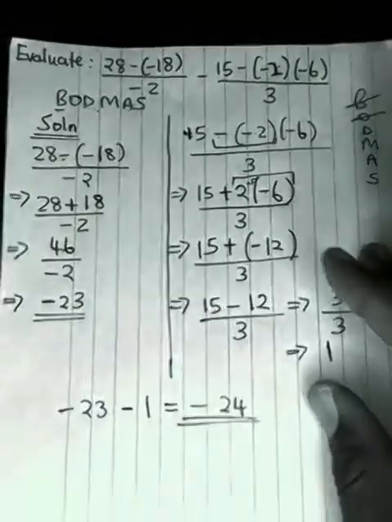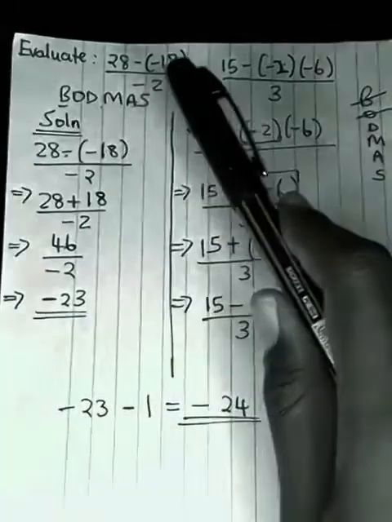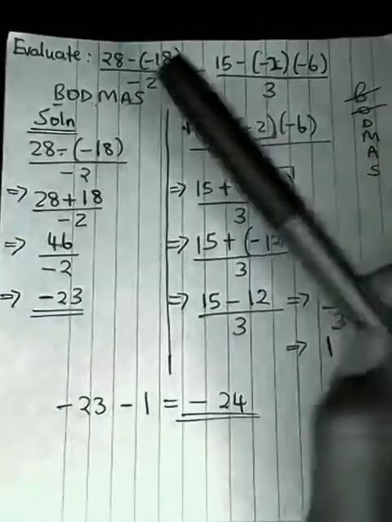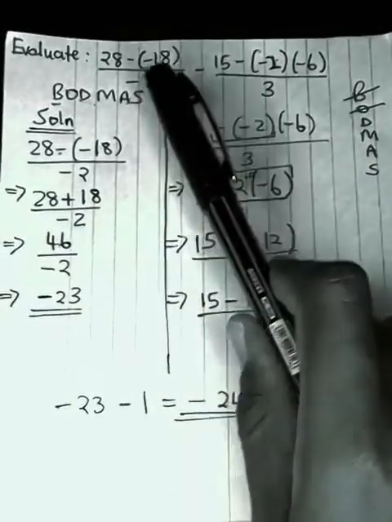In this case, you compute the two separately, but apply the same concept of BODMAS on both sides.